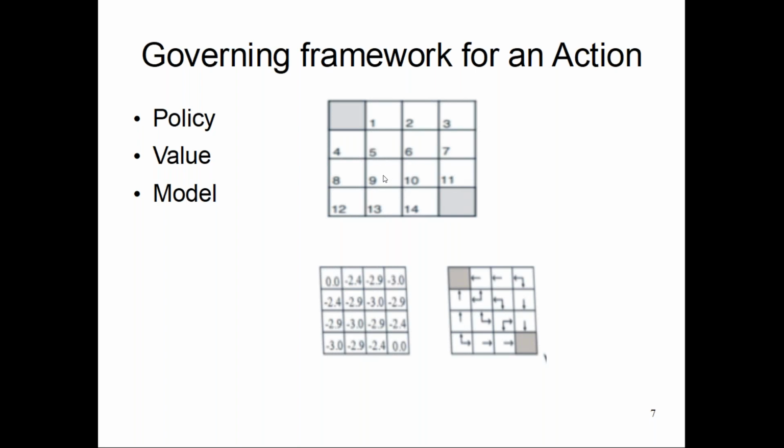Now, a lot of examples. If you want to purchase something, you go to a supermarket. There are a number of places where you can make your purchase, but the known place you would always like to go because you are comfortable, that I can call exploitation. But if you say, let me try out a new supermarket or a new place where I may get better things or a better price, that is exploration.